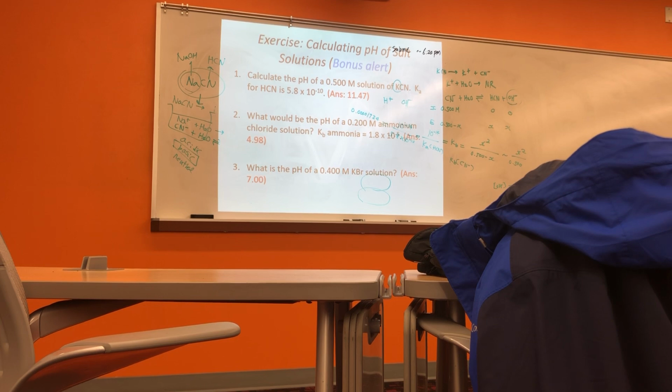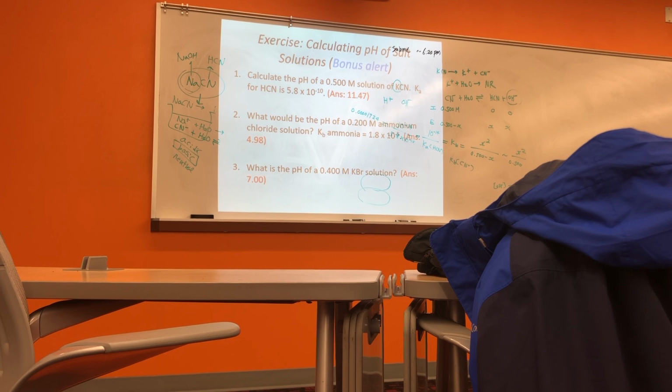So that will be 0.002936. We have 3 sig figs, so something like that. pOH is the negative log of this number. The negative log of that number is 2.5.